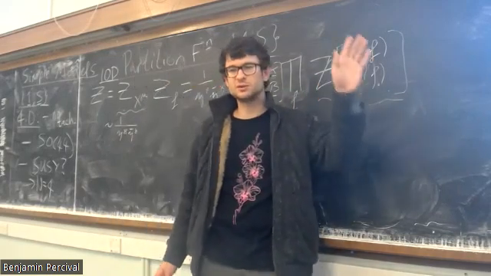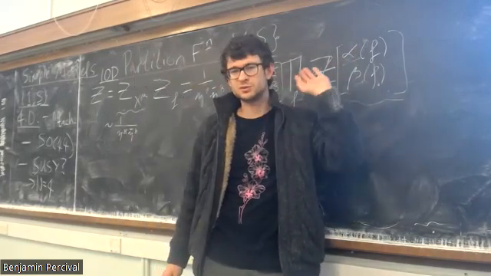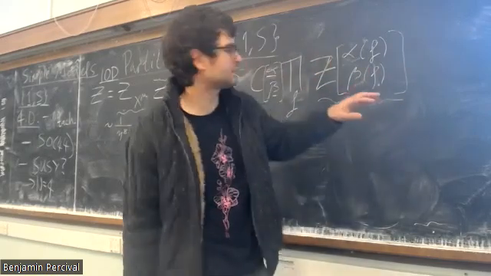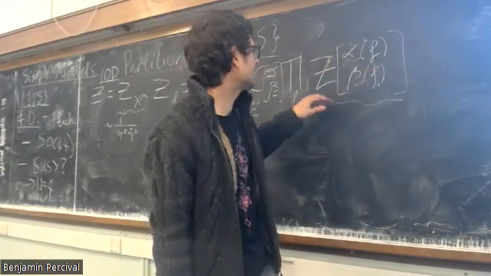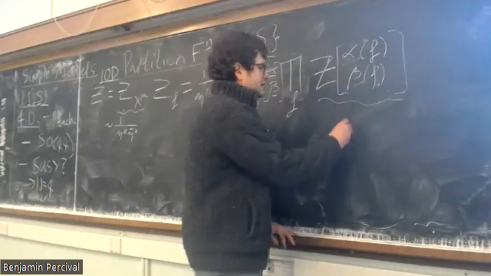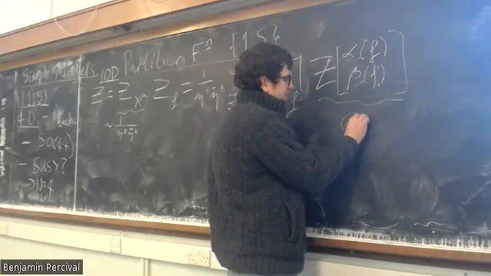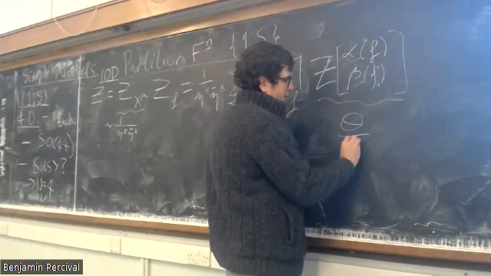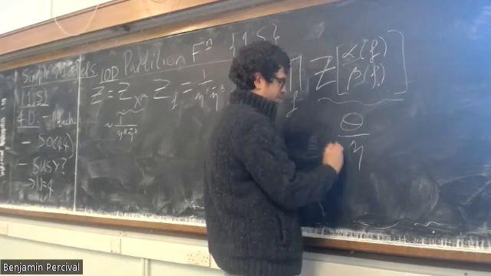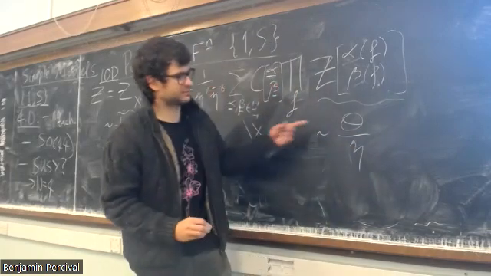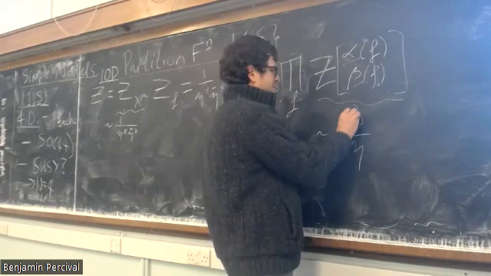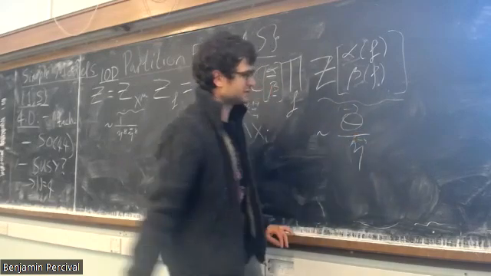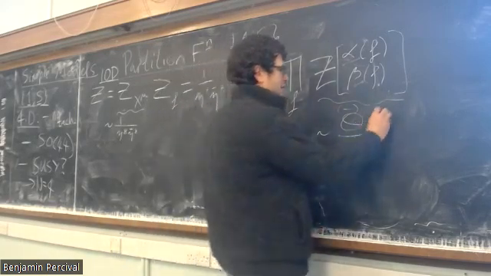So psi mu, phi bar, 1 to 16 in 10 dimensions. And then you take the product. In general, this is going to be theta over eta, or theta bar over eta bar, depending on if it's holomorphic or anti-holomorphic.